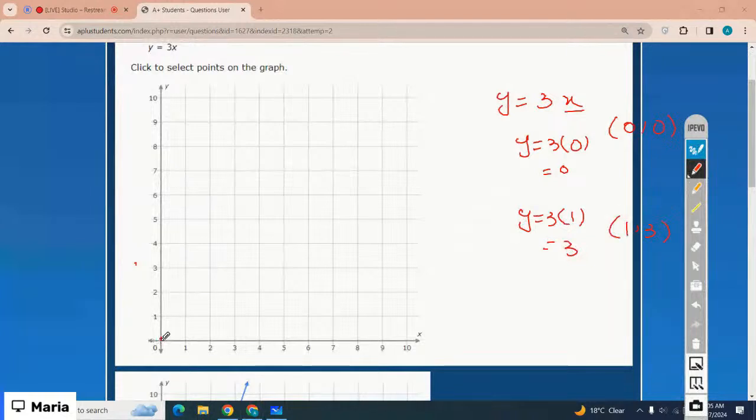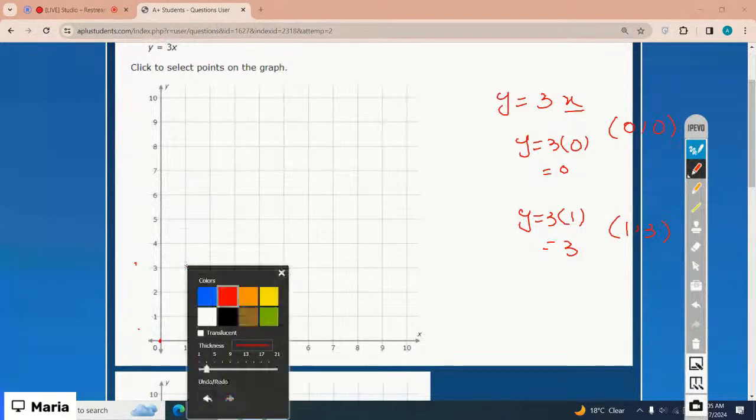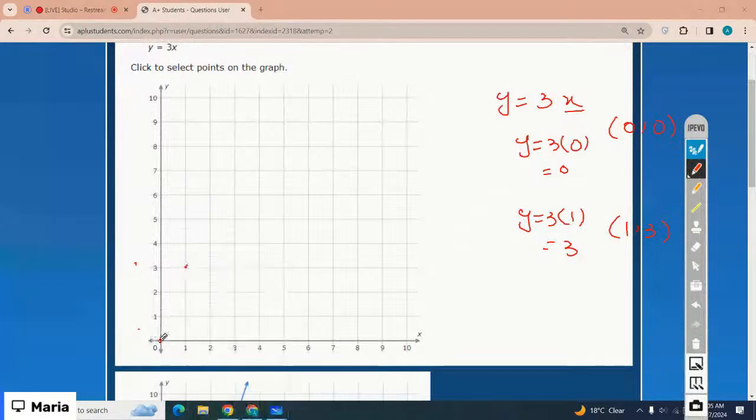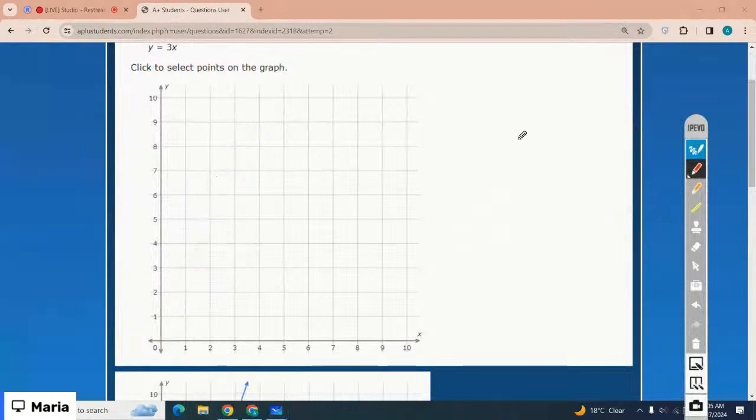Here is x equals 0, y equals 0. That is the origin. When x is 1, y is 3. So just join these points and make a straight line. It looks like this, right? Because I made this line on the board, it isn't a straight line.